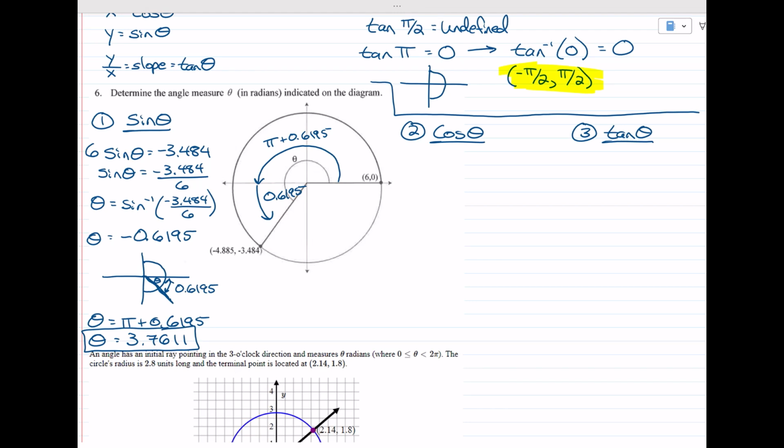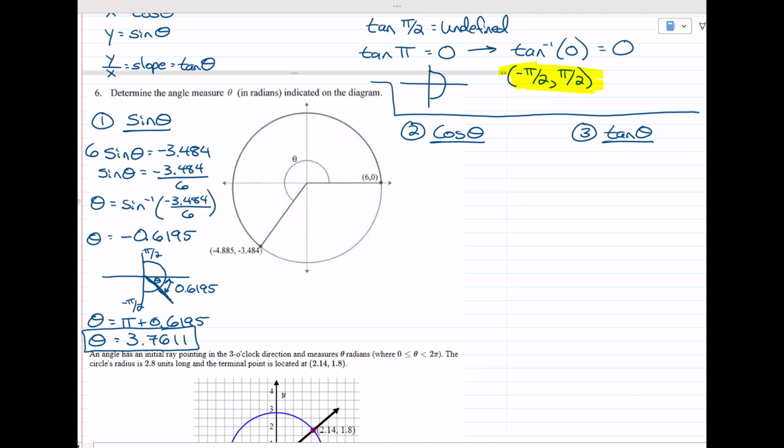So it gets a little bit confusing. The reason it's confusing is because inverse sine only gives us an angle between negative pi over 2 and pi over 2. So we have to consider that, look at what angle it's giving us, and then apply that to the bigger angle. So let's do the same thing with cosine.